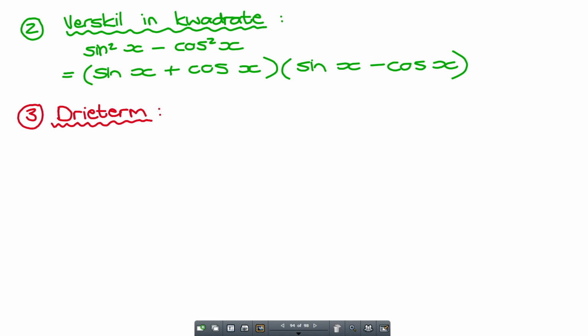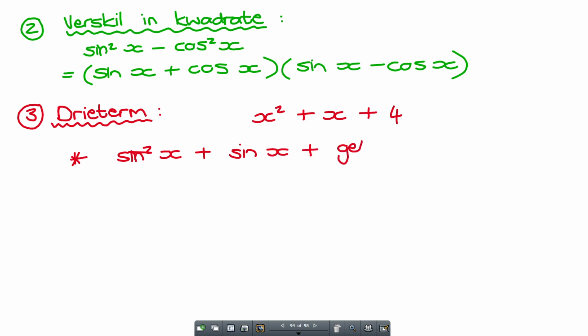Okay, dan kom ons kyk gou by 3 terme. Trinomials. Nou, hoe het ons gewoonlik gekyk vir 'n 3 term? Jy het gekyk, dit was 'n x kwadraat en dan 'n gewone x en dan sê maar 'n getalletjie. Nee, dat jy geweet, dis 'n 3 term. So same thing here. You will have something like sin squared x plus sin x plus a number.